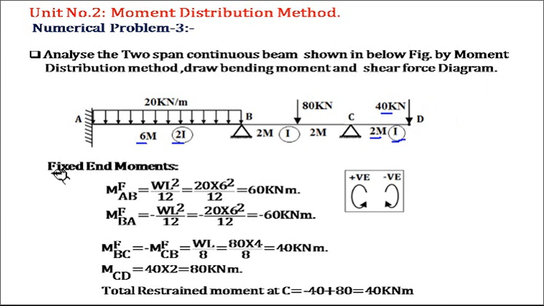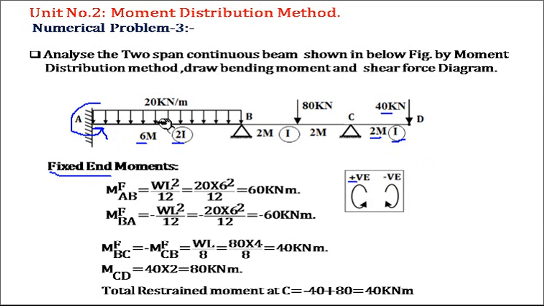Now the first step in moment distribution method is to find out the fixed moments. Fixed moment in member AB. Here the sign convention is anti-clockwise positive, clockwise negative. The fixed moment due to the given load of 20 kN per meter in portion AB acts in anti-clockwise direction, so our sign is positive.